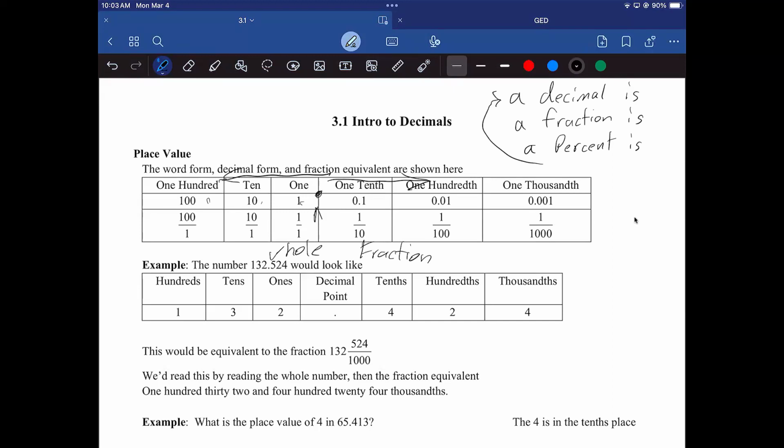So in the example, they give us 132 point. So 132 point. That means we have 100, 3 tens, and 2 ones. The point means this is where I'm going to start needing fractions. So this is in the tenths.